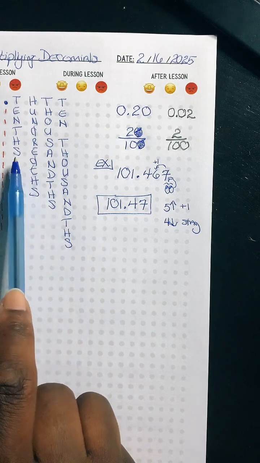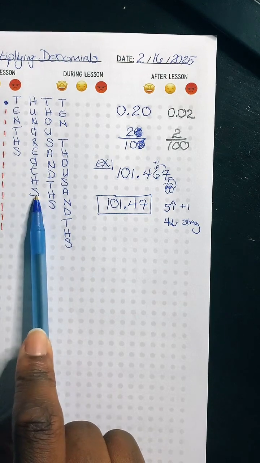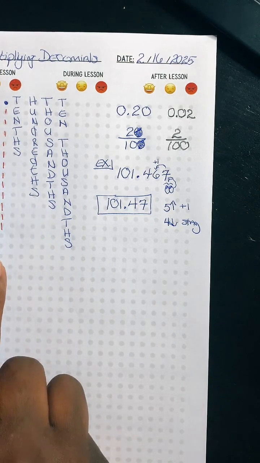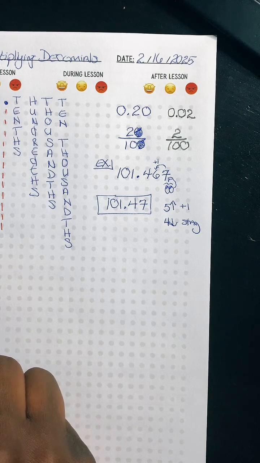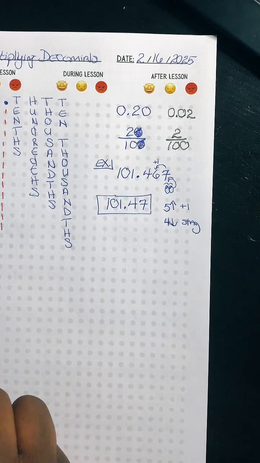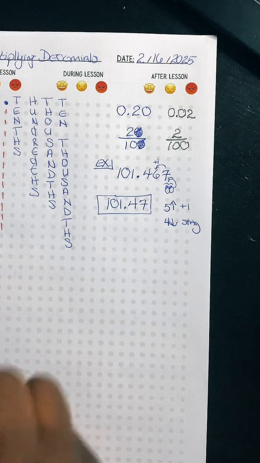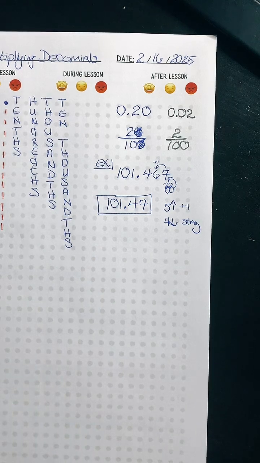If they say round to the nearest tenths, I need to look at the hundredths spot. If they say round to the nearest tens, I need to look at the ones spot. If they say round to the nearest hundreds, I need to look at the tenths spot. Does that make sense?